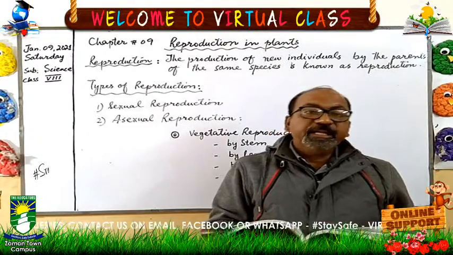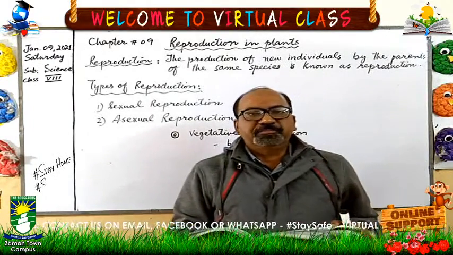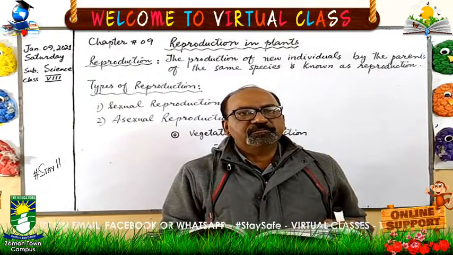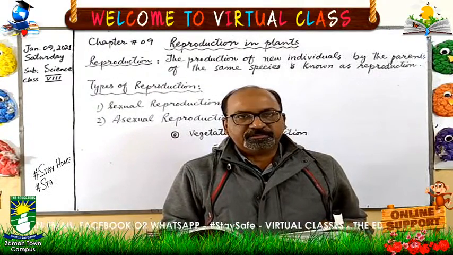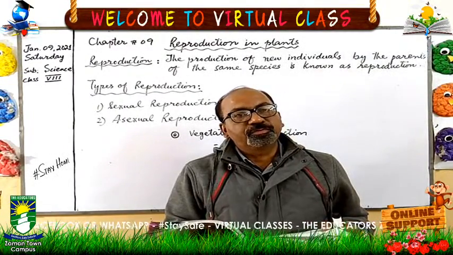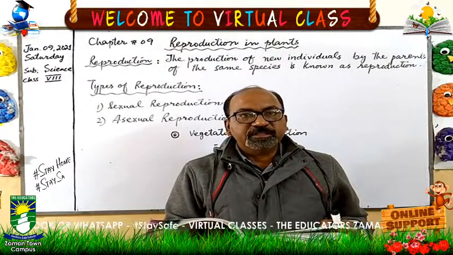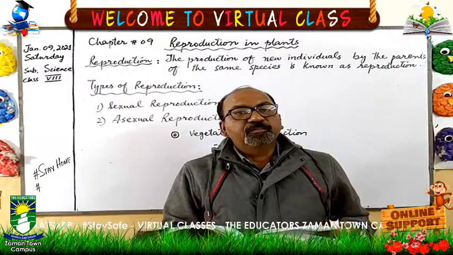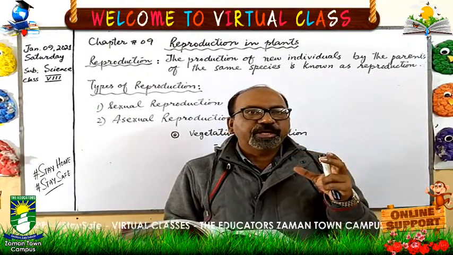And there are some other examples which look different, like potato. Potato is also grown by the stem. Actually, potato is the stem. The part which stores the food is the stem.